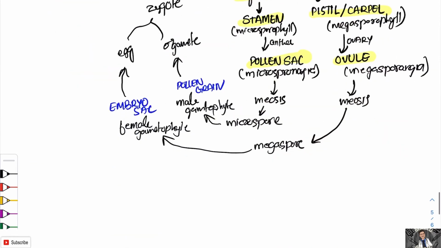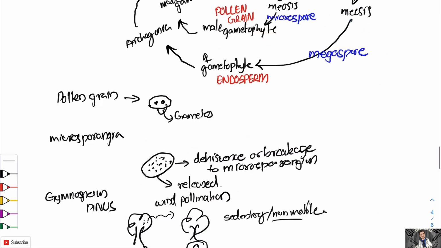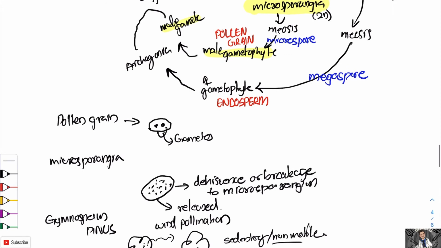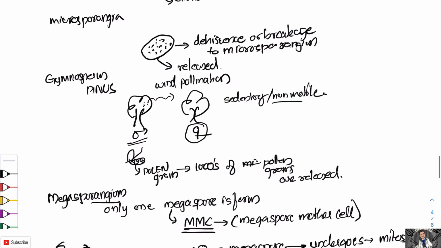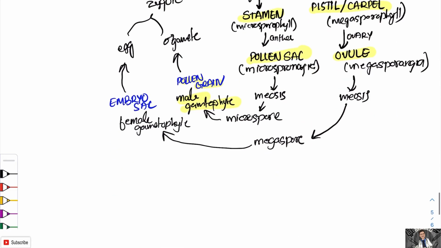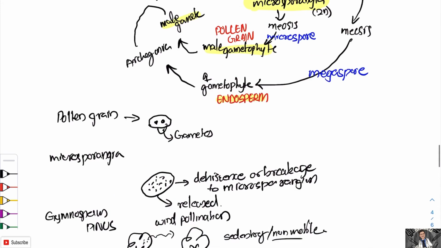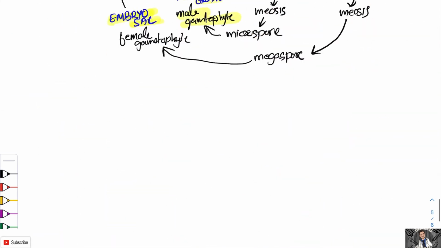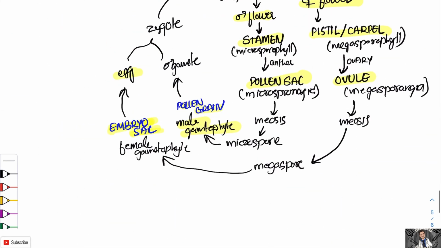And now, the male gametophyte is known as pollen grain, and it's the same wording in gymnosperms too. But the female gametophyte in gymnosperms is known as endosperm, while the female gametophyte in angiosperms is known as embryo sac. And the female gametophyte in gymnosperms produced archegonia, but here it produces the egg.